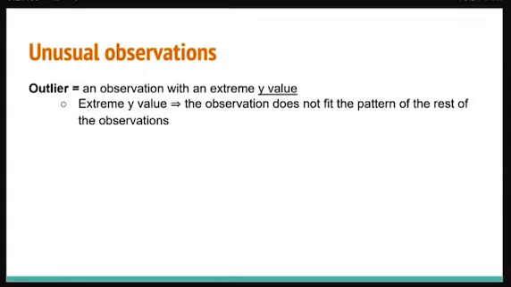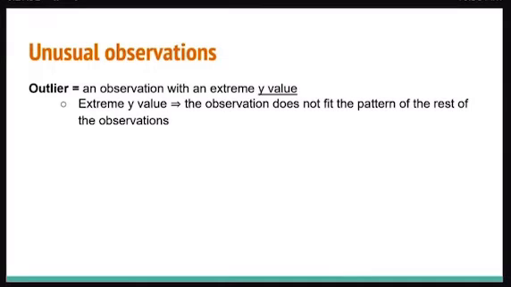Unusual observation. Okay. When we say unusual observation, an outlier is an observation with an extreme value of y. So the observation does not fit the pattern of the rest. According to Barnett, in 1982, it's a data point that is not consistent with the rest.